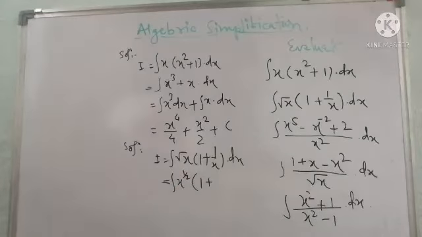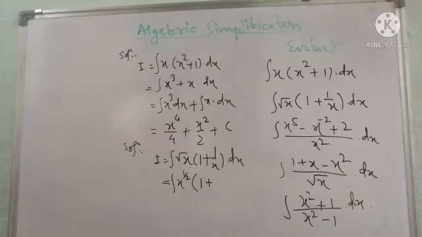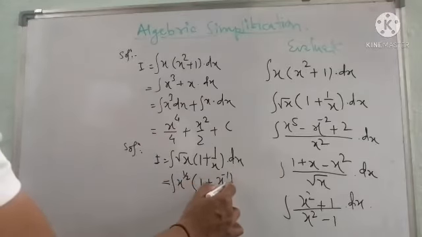Actually 1 by x has a standard integration, but it is in a bracket, so we are going to simplify this. If the power term is in the denominator, take it in the numerator by changing the sign of the index. So 1 upon x becomes x raised to minus 1 into dx.